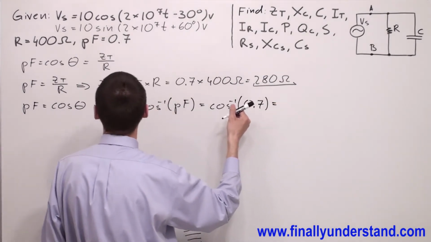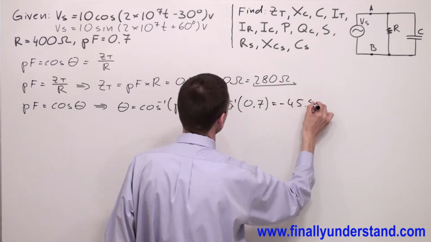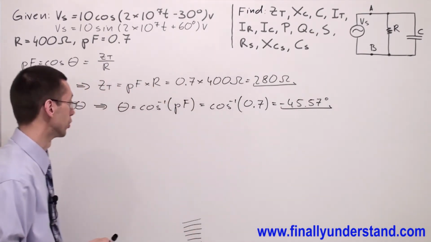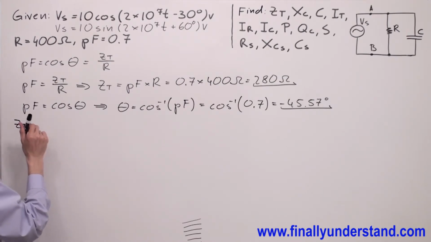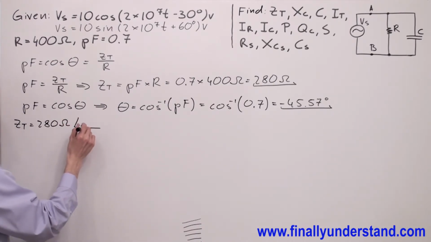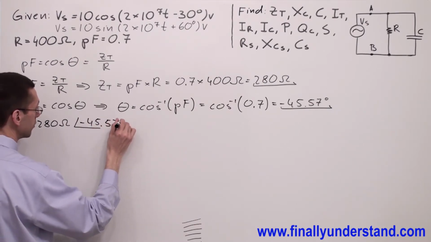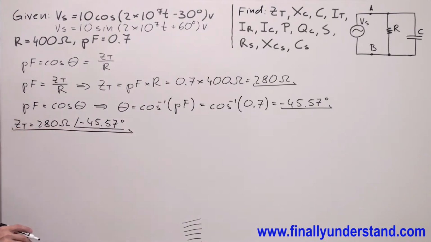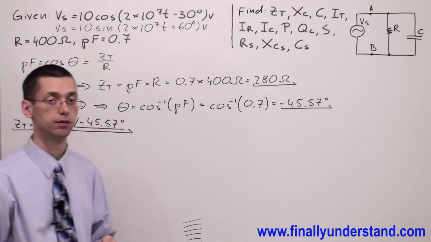It will give me angle negative 45.57 degrees. This is my angle theta. So I can right now write Z total is equal 280 ohms and angle of negative 45.57 degrees. Okay, so this is my Z total. And this is a complete answer because I have the magnitude and I have the angle.